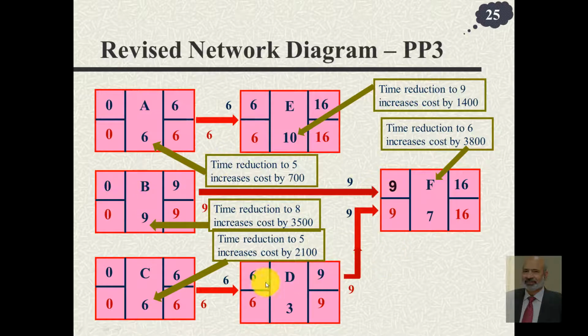Coming to the lower part, either this or these two together. Now together these cost 3500 plus 2100, or 5600. Now this 5600 for these two is more than this one, which is 3800. So now our choice would be pick this and pick this.